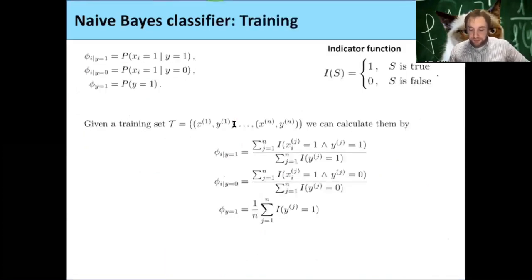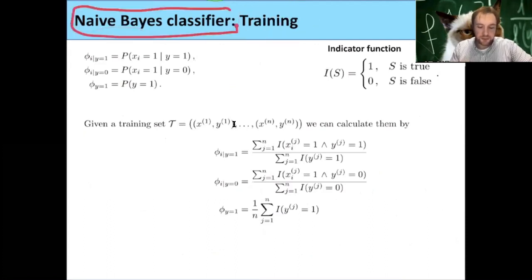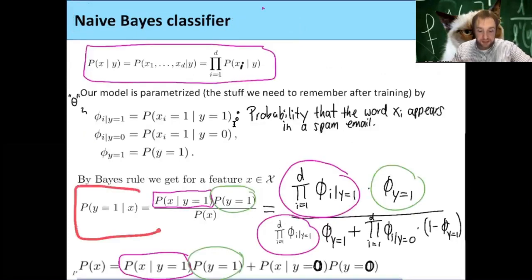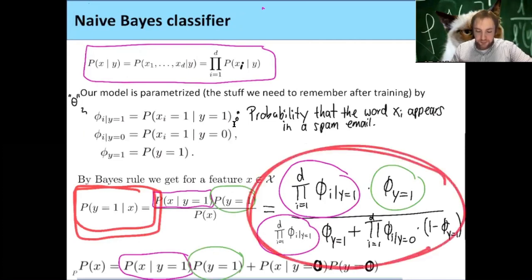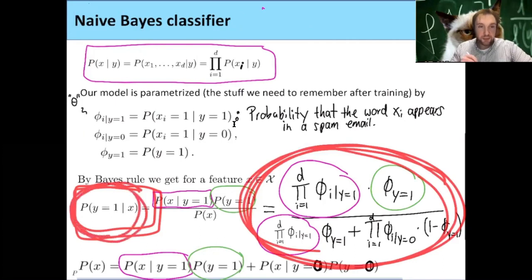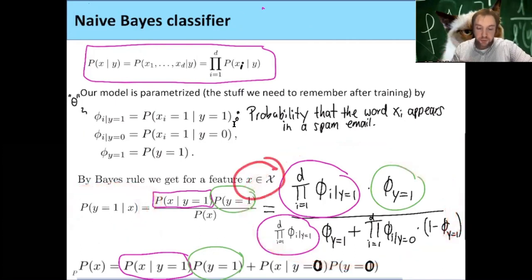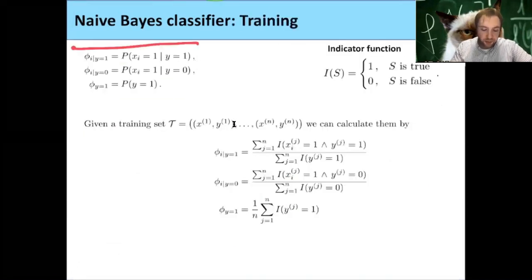Even though it looks harder than it is, now we want to train our algorithm, which is also called the naive Bayes classifier. So this here will be the classifier, the spam filter. Having these weights or these parameters, we can give a prediction for a new email, whether it's spam or not spam. And how can we calculate these numbers?